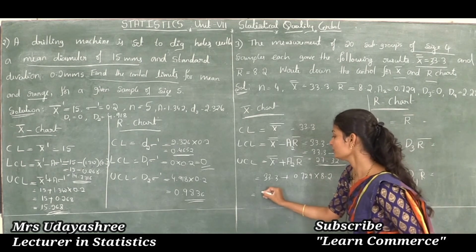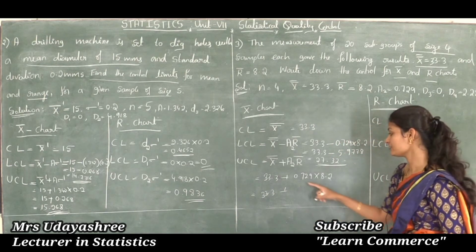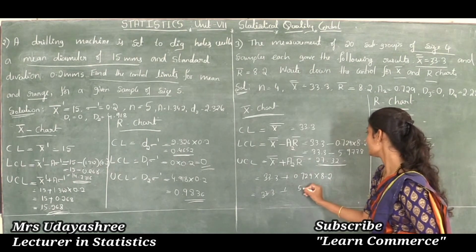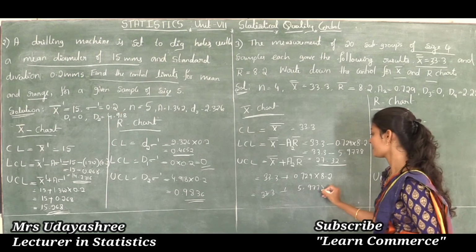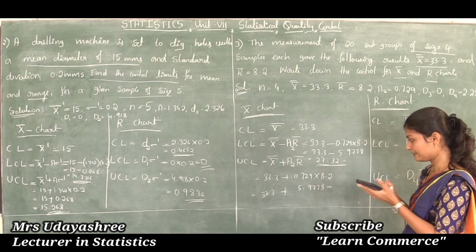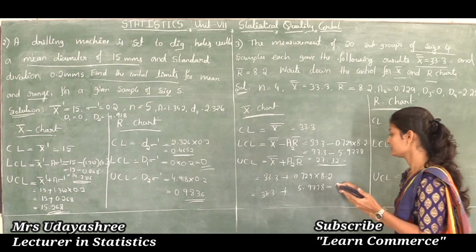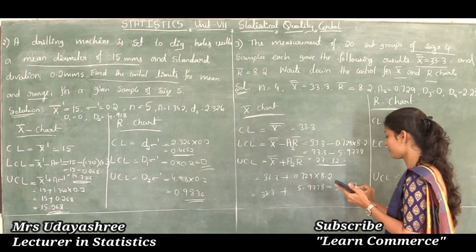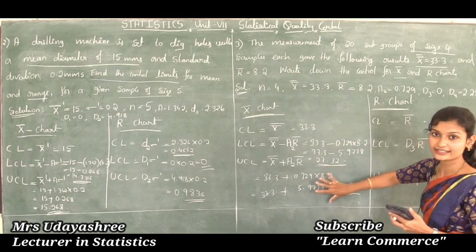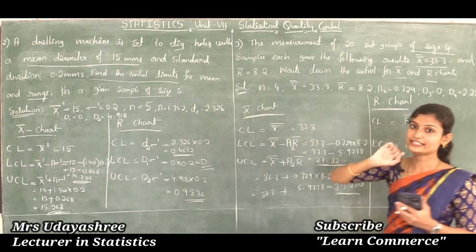This is equal to 33.3 plus, I will multiply these two first, that is 0.729 into 8.2, which is 5.9778. And this is equal to 33.3 plus 5.9778, which is 39.2778. Okay, these are the calculated control limit values of the X bar chart in the standard unknown case.